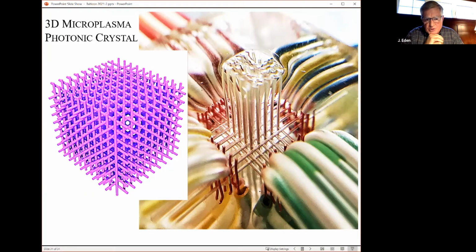Okay, I'm just going to end with this. I thought you might be interested in this. This does not involve a laser or optical systems per se, but it comes pretty close. We've actually succeeded in making very sophisticated crystals out of plasma.